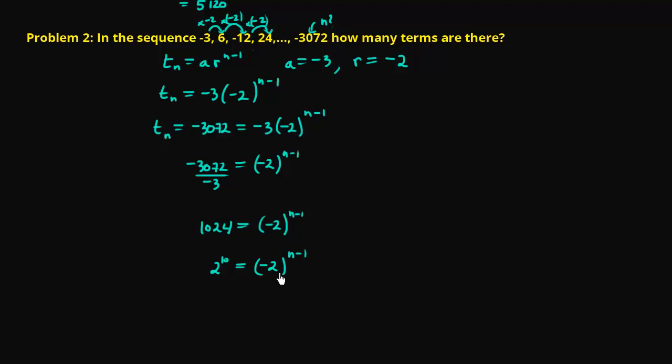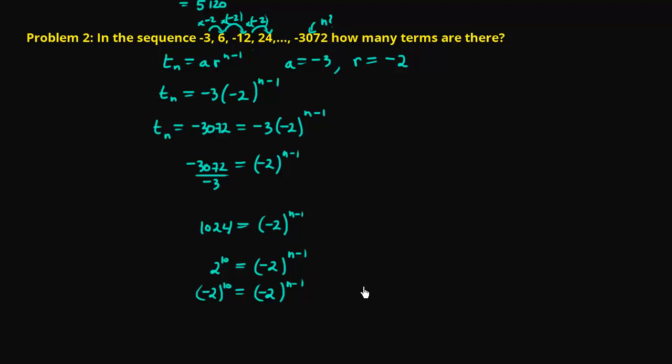Now, on the right side, I've got a base of -2, so I want to have a base of -2 on the left side as well. So 2 to the power of 10 is also equivalent to -2 to the power of 10, because when you raise a negative number to an even exponent, you'll get a positive number. So we have that -2 to the power of 10, which is equal to 2 to the power of 10, is also equal to -2 to the power of n minus 1.